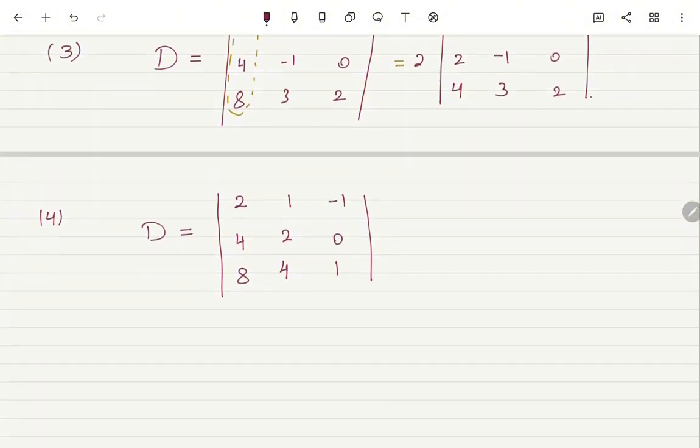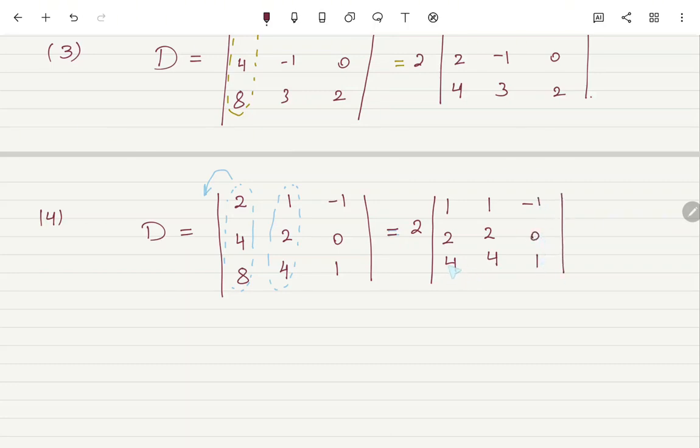So if we look at this determinant here, we can tell that column number 1 is actually proportional to column number 2. Now if we take 2 out of the determinant, so it will be equal to 2 times 1, 2, 4, 1, 2, 4, minus 1, 0, 1.